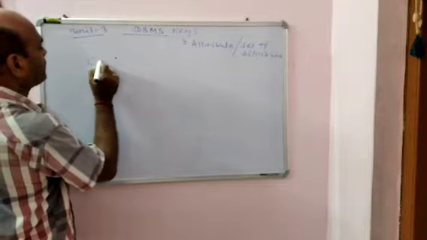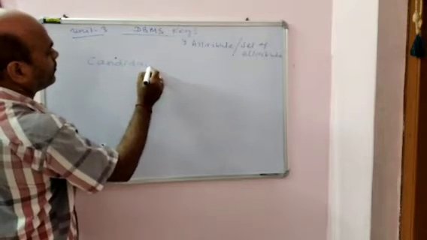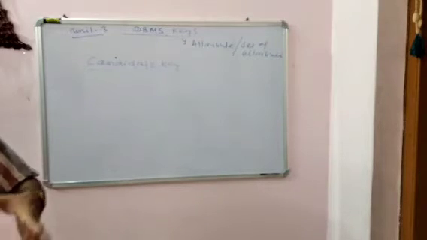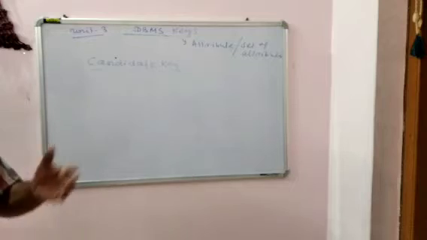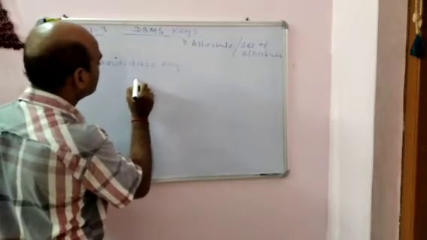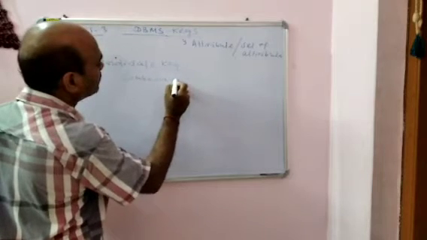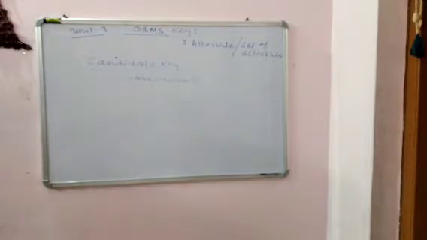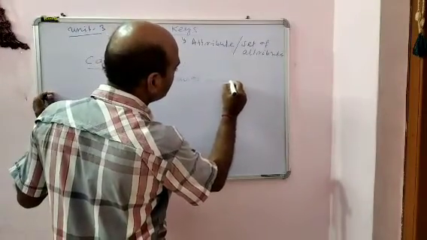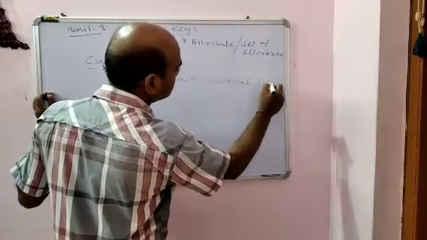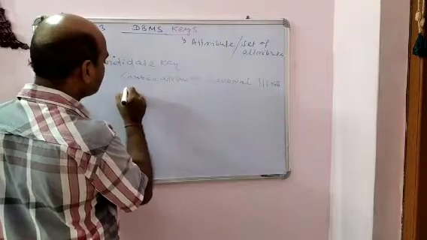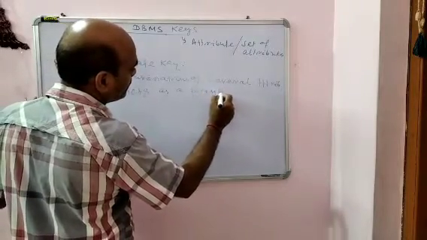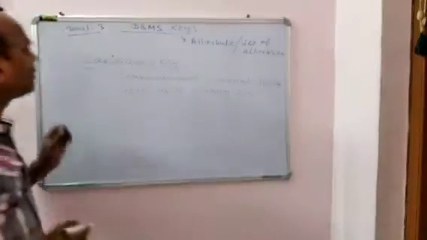A combination of several attributes that acts as a primary key is called a candidate key.